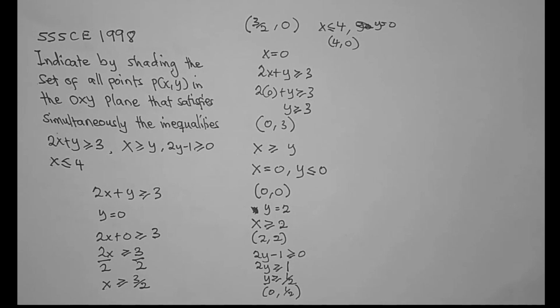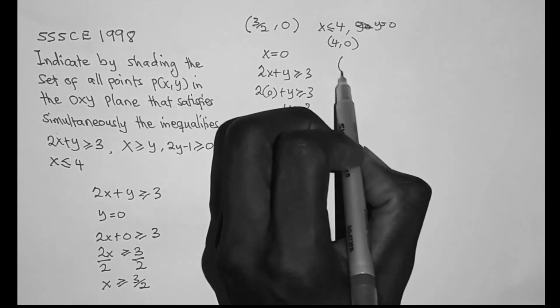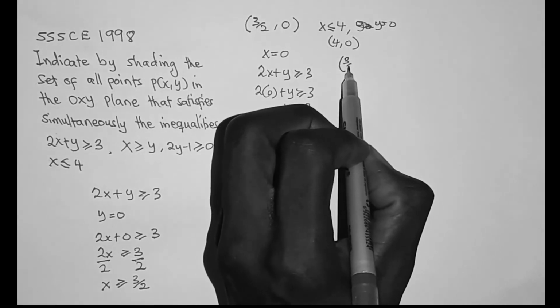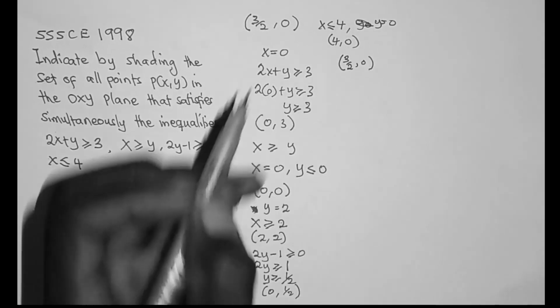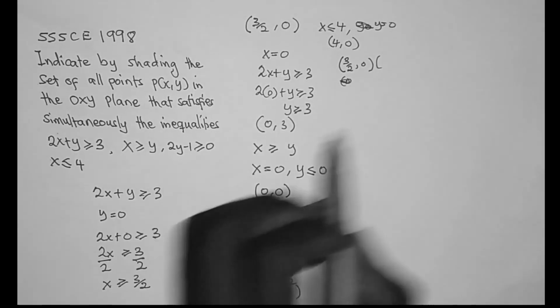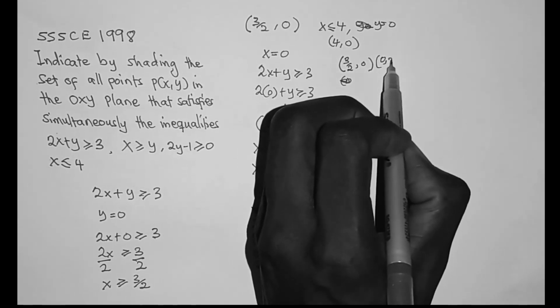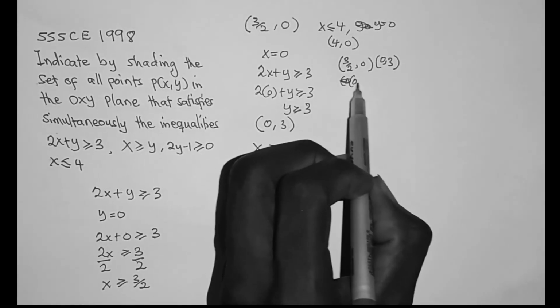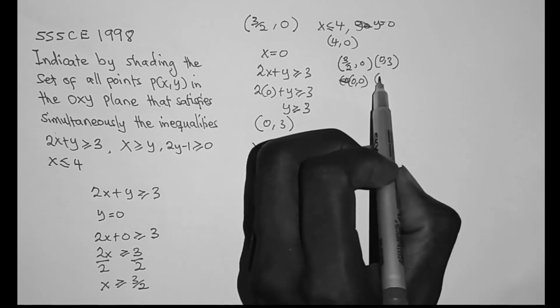If you look, let me write the sets of points here. We have 3 over 2 and then 0. We also have 0, 3. Then we also have 0, 0. And then we also have 2, 2.